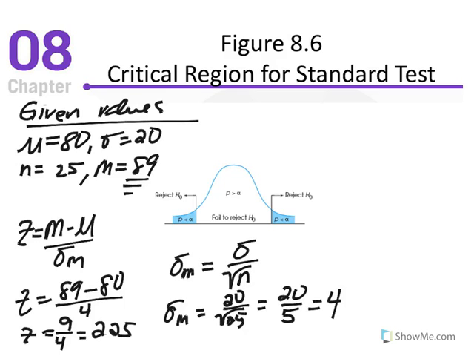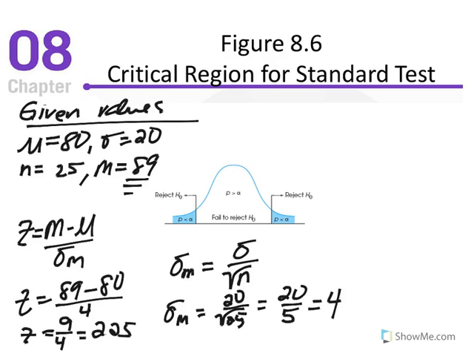And that's how we complete step 3, which again indicates that we compute our test statistic. Essentially, what that means is simply taking our sample mean and converting it into a z-score so we can determine its location and then also understand the probability of that value occurring if the null is true.